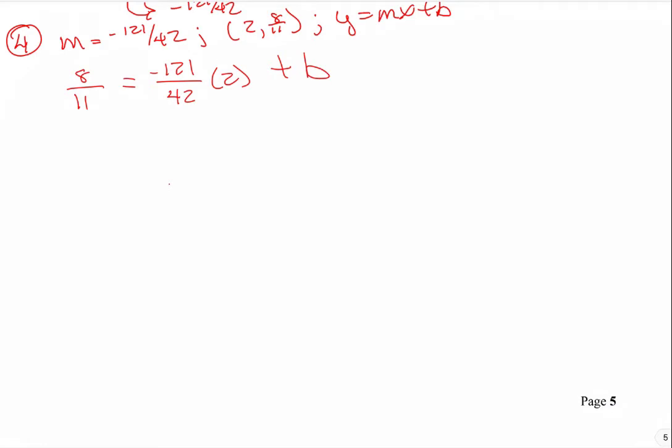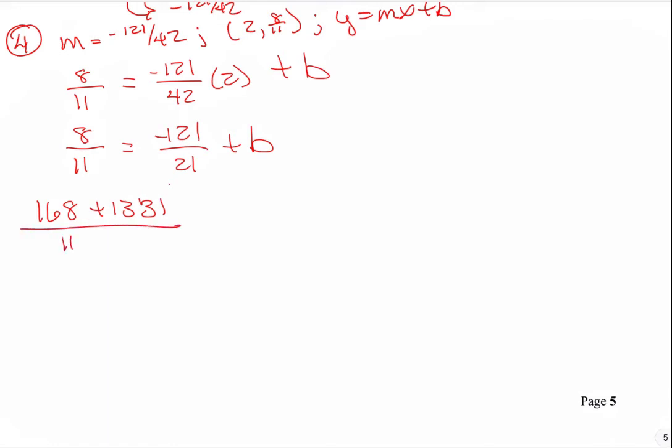So that gives me 8 over 11 equals negative 121 over 21 plus b, which is 168 plus 1331 over 11 times 21 equals b. So that's 1499 over 231 equals b.